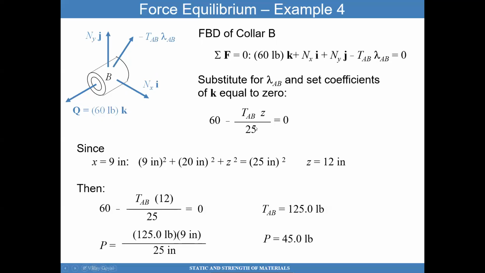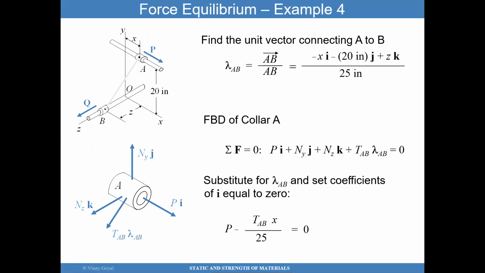You can solve now. You know what z is, by the way, because you can use the distance between these 2 points. The distance between these 2 points is 25.